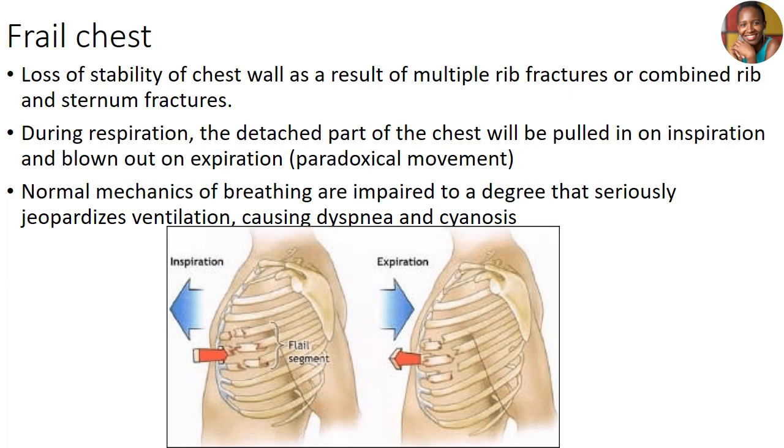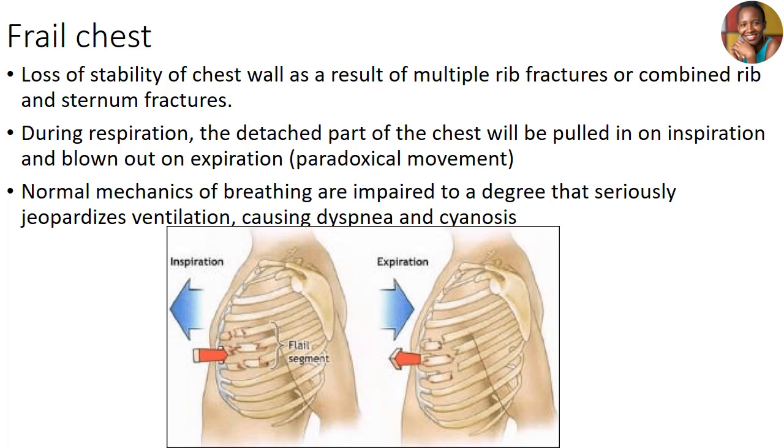But now, when someone is breathing in during flail chest, the chest seems to be pulling in, which is the opposite direction. At the same time, when someone is breathing out, or what we call expiration, instead of the chest moving inwardly because you want to push pressure and breathe out the air that has been breathed in, this chest instead blows out or moves outwardly, which is not the normal movement.